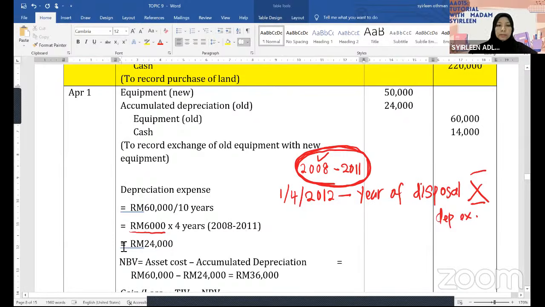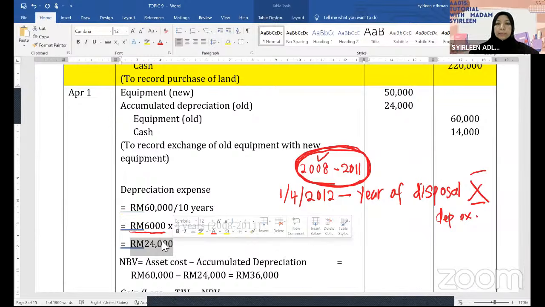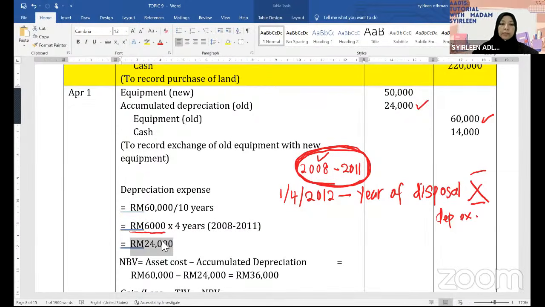Okay, so the amount or the value for your accumulated depreciation is 24,000. Jadi bila saya buat disposal, I akan debit old equipment 60,000 dan saya akan debit accumulated depreciation 24,000 based on this. It's not 25,500 anymore sebab ini ialah yearly basis.